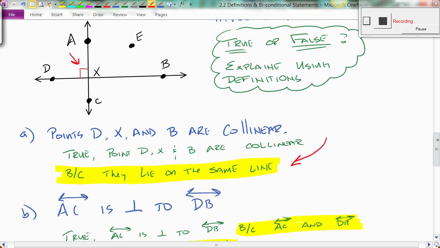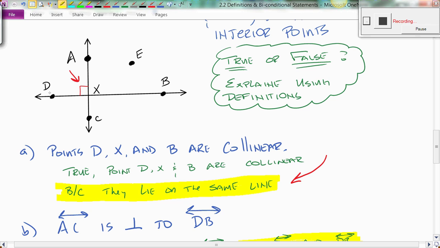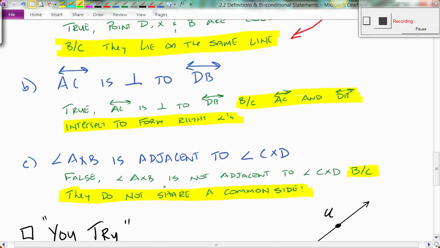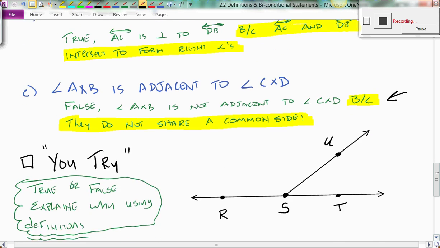If we go back to the picture there, angle CDX, this angle and this angle, it was saying those are adjacent, and this is false because they don't share a common side. So I wrote that down here. False, they're not adjacent because they do not share a common side. So it's very important that we are writing the because parts to back up our statements.